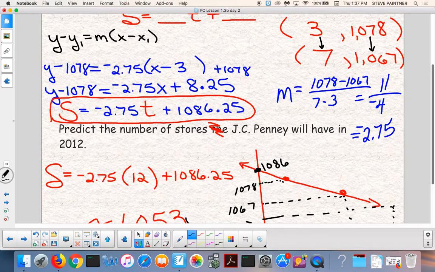Hey, Molly just caught me. She asked me, why is that -4 when 7 minus 3 is +4? It's because I knew the answer was -4. I did it wrong. It's supposed to be 1078 minus this, and it's supposed to be 3 minus this. But look what I wrote. I went the wrong way. So this should have been 3 minus 7. That's why it's -4. I knew the answer, so my mind played a trick on me. It's okay. Molly, bravo. Good job. You caught me. I like it when you catch me because it means you're paying attention. Good job. Go to work.